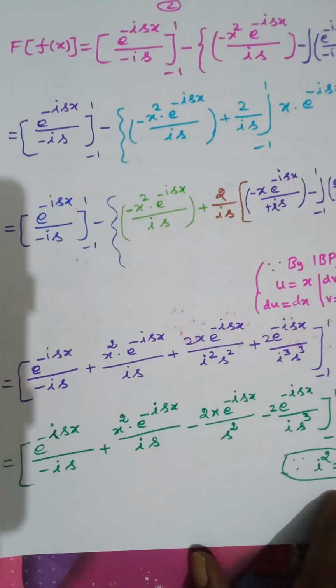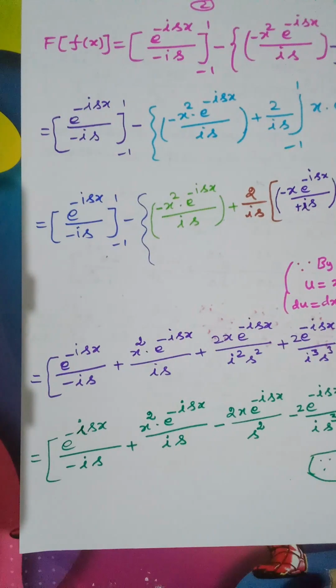Now I'm going to integrate as well as simplify. So the very first one, e power minus isx by minus is, and then minus into minus plus, take the minus, multiply with each term, so to the right hand side. So minus into minus plus, already within the bracket there is minus, so outside the bracket there is a minus. So the minus outside is common for the three terms, isn't it?